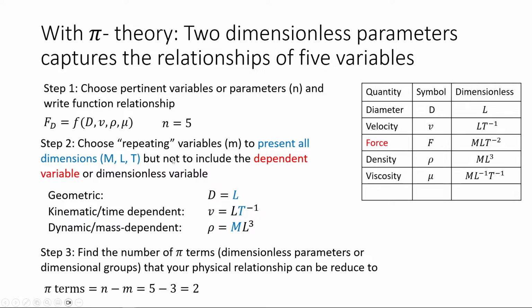But in that case, we only have MLT. Everything here is MLT. If there are other things, like amount of matter or temperature, then those should be represented here, so that would be MLT and temperature if you have temperature.